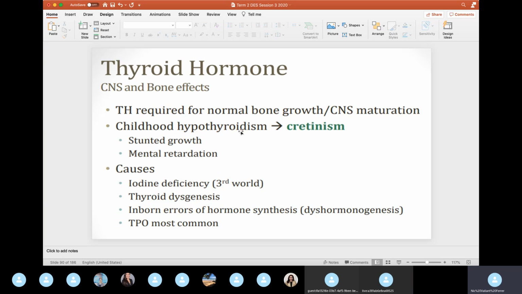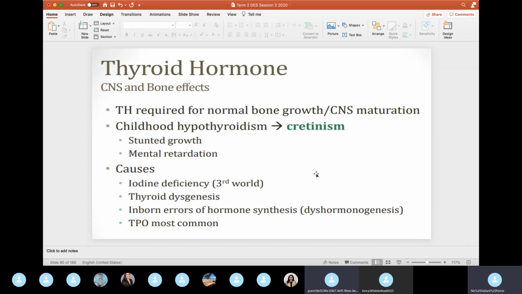High-yield, childhood hypothyroidism. You can have cretinism. When I say cretinism, you say stunted growth and intellectual disability. Most common cause of cretinism in the other parts of the world is iodine deficiency. Isn't cretinism untreated though? It's usually caught nowadays, right?